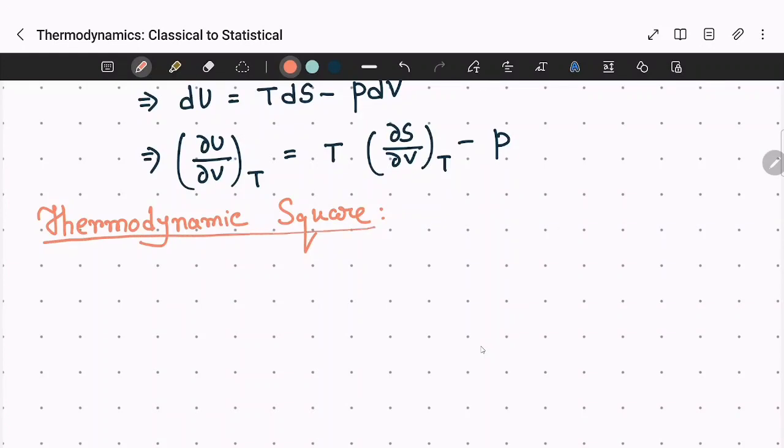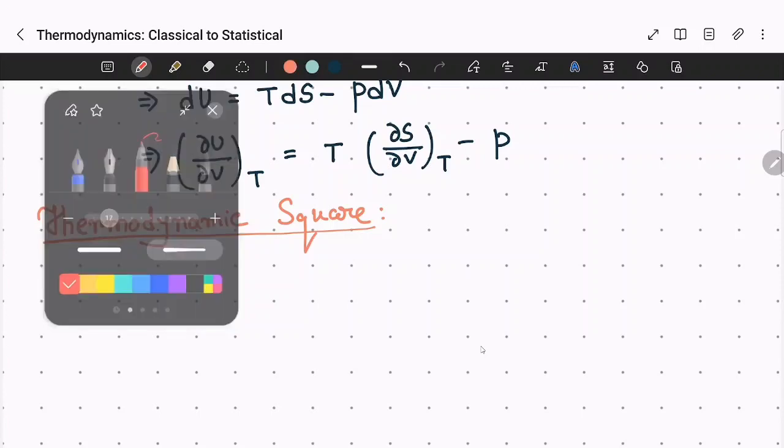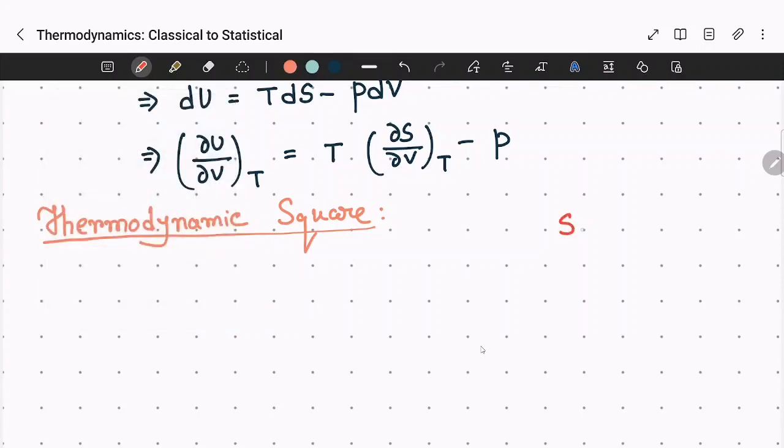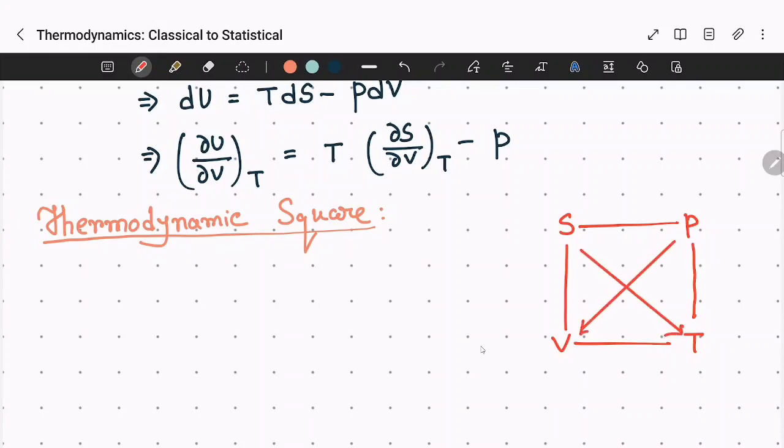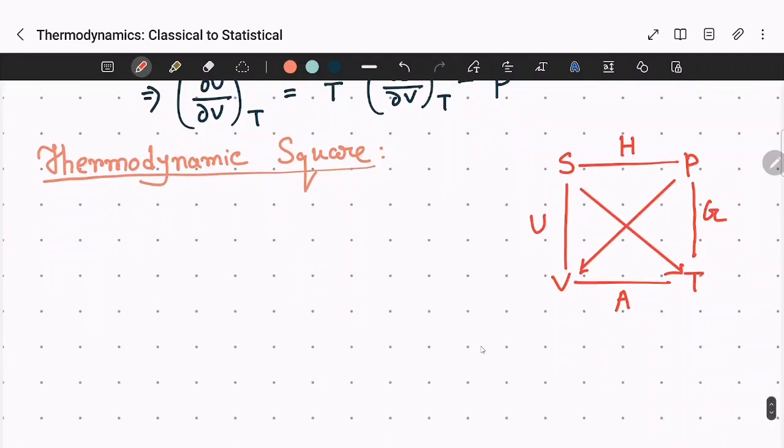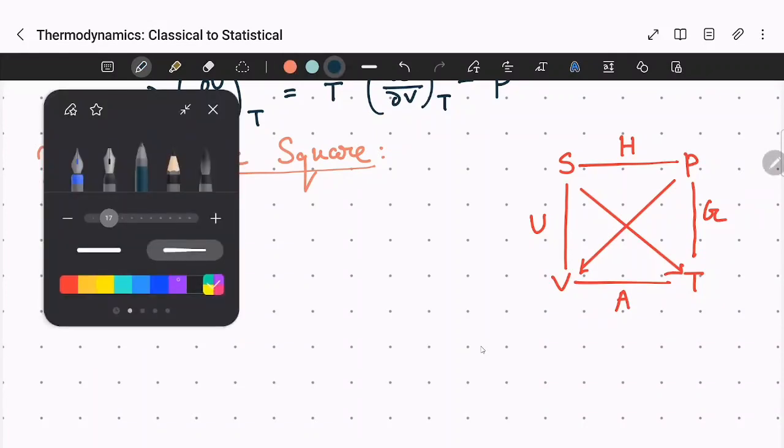It is called the thermodynamic square. From here, we can easily derive the relations.